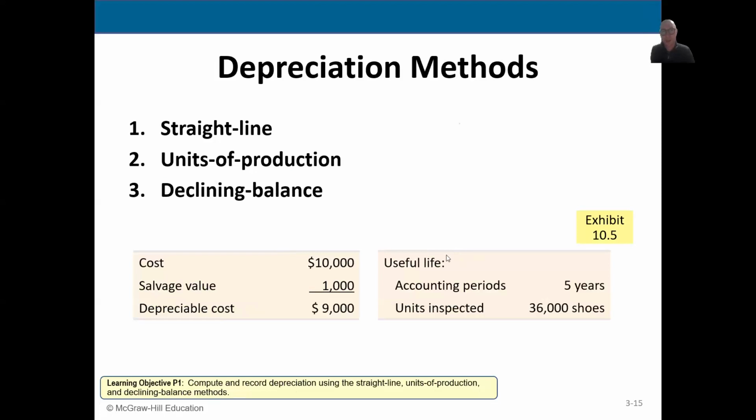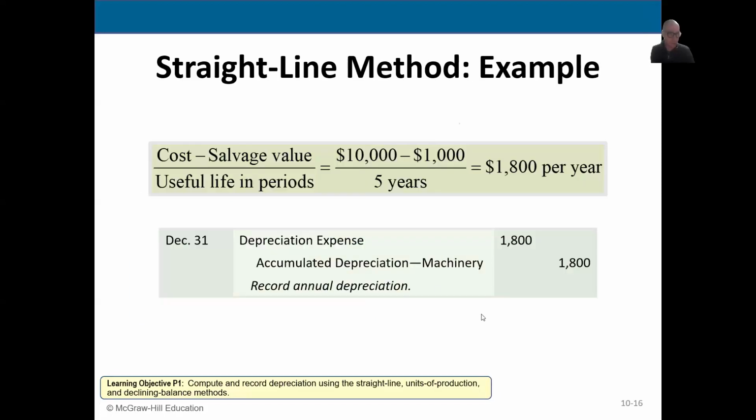So let's take a look at the straight line method first. Using the straight line method, we use the same amount of depreciation every year over the 5 years, the useful life. The formula for the straight line depreciation method is the acquisition cost, in this example 10,000, minus the salvage value, in this case 1,000.